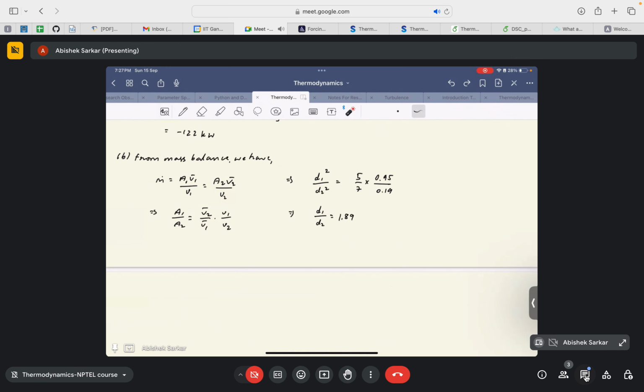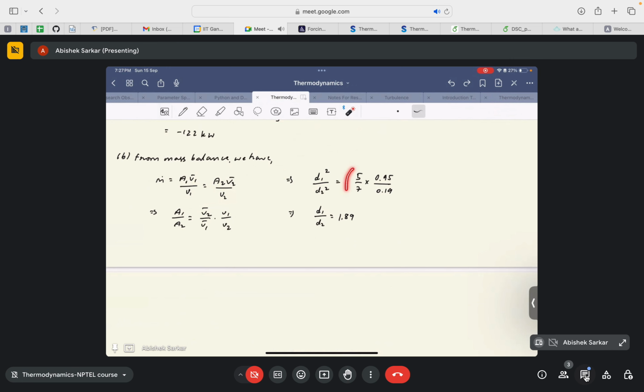Then we know that the area of a circular pipe cross section would be given by pi by 4 into d square. So if we do that, we cancel out the pi by 4 factor, and we'll have d1 square by d2 square equal to 5 into 7, because velocity at the outlet was 5 meter per second, at the inlet was 7 meter per second, into the specific volume at the inlet was 0.95 meter cube per kg, and the specific volume at the outlet was 0.19 meter cube per kg.